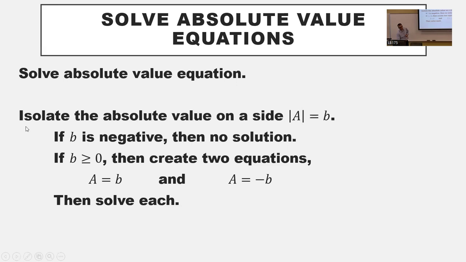Notice that here it says isolate the absolute value. There might be some upfront work to get to a stage where we can see that this is the absolute value equal to a number. So we want to isolate the absolute value piece and then break it up into two equations.